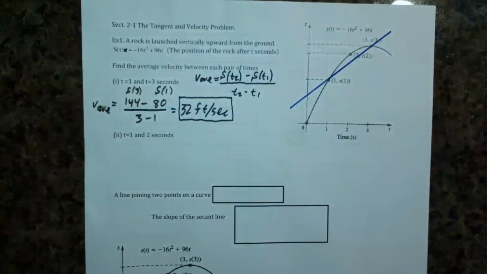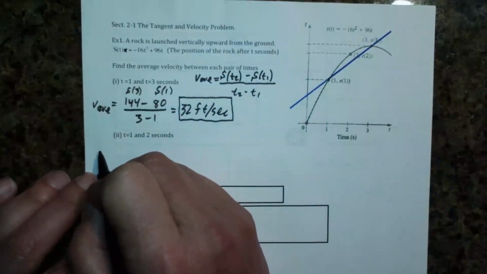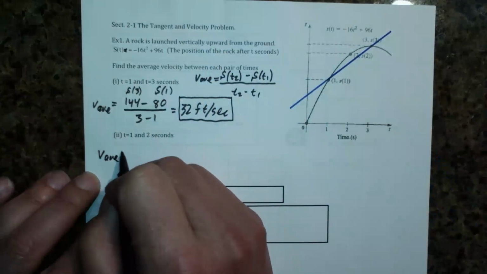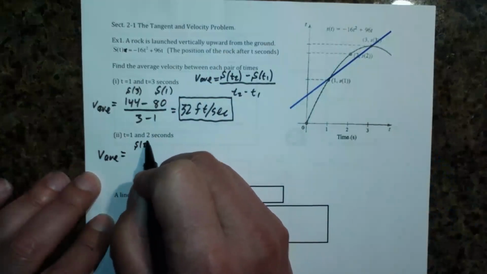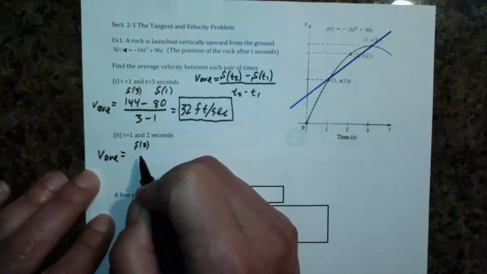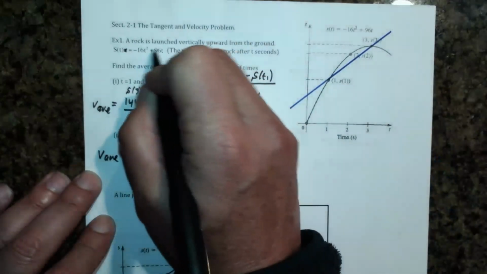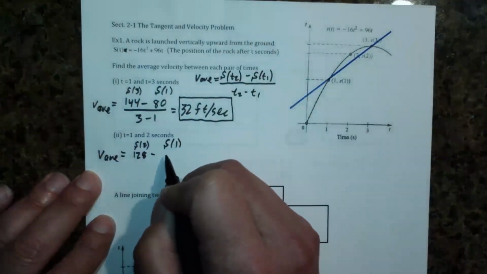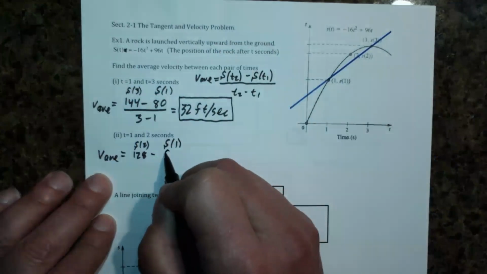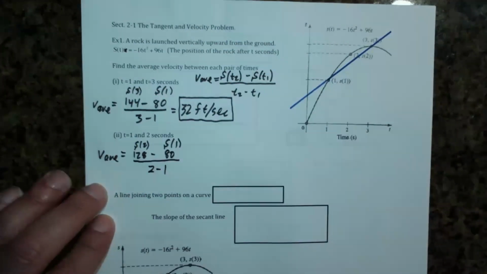We're going to do the same formula again, except this time we're going to do from 1 to 2 seconds. So the average velocity is going to be s of 2, which we calculated out to be 128 when I plug in a 2 into here and here, minus s sub 1. And s sub 1 we already know is 80, over 2 minus 1.